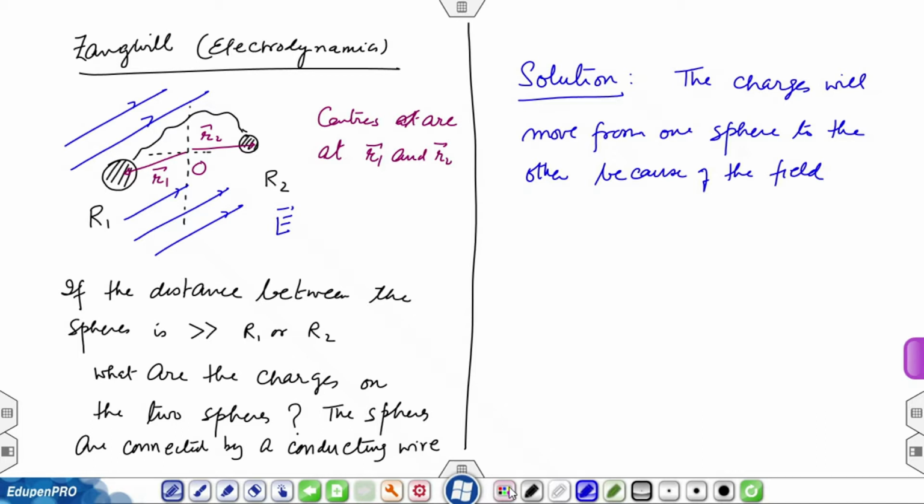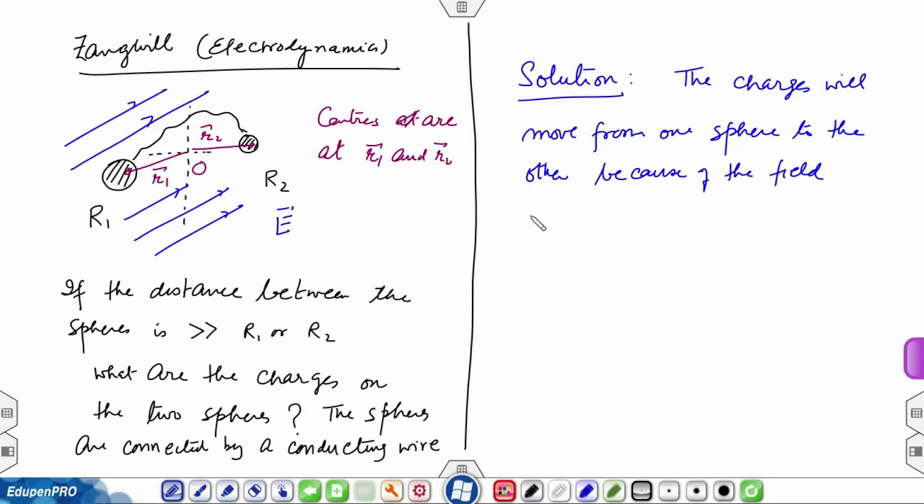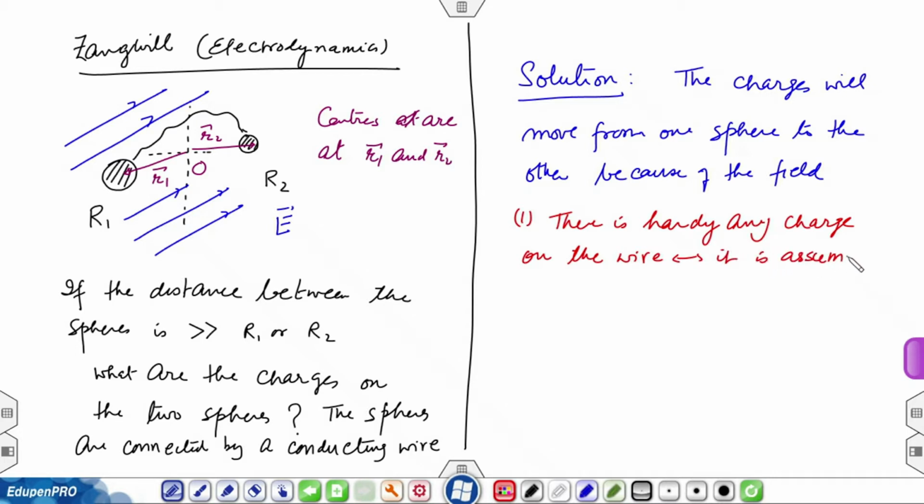So, we will make an assumption that there is hardly any charge on the wire. It is assumed, because for a thin wire, the capacitance may be very low.